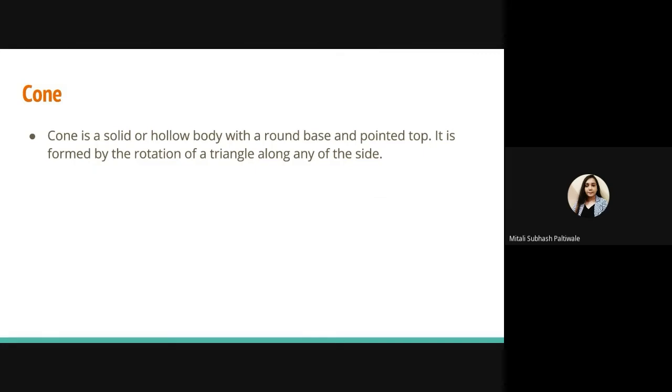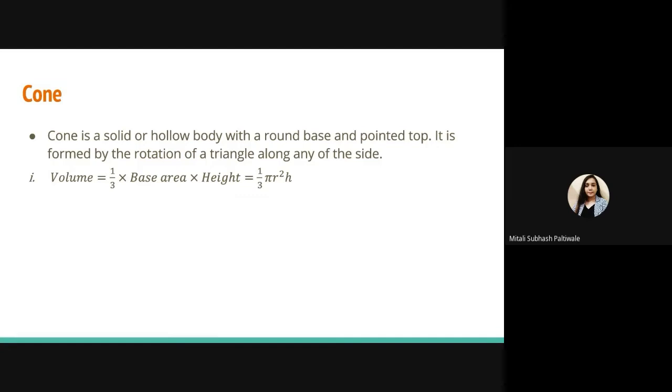A cone is a solid or hollow body with a round base and pointed top. It is formed by the rotation of a triangle along any of its sides. The volume of the cone would be equal to 1 by 3 into base area into height. The base area, of course, would be a circle, so it is pi r square, and height would be h.